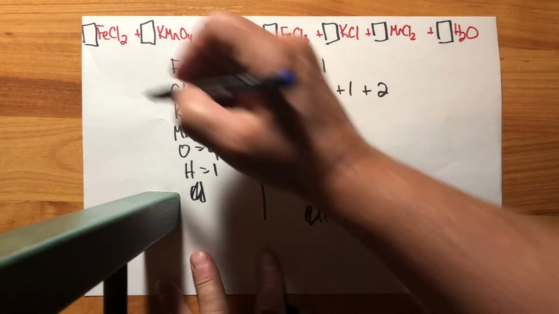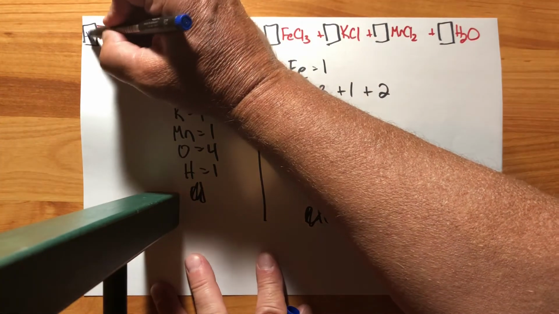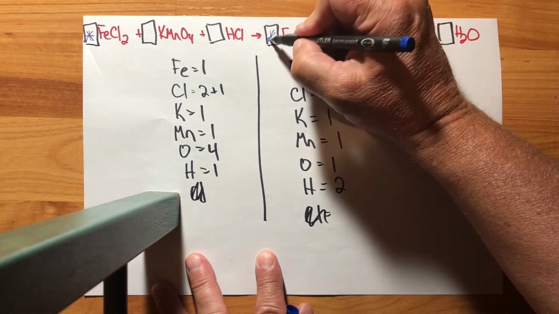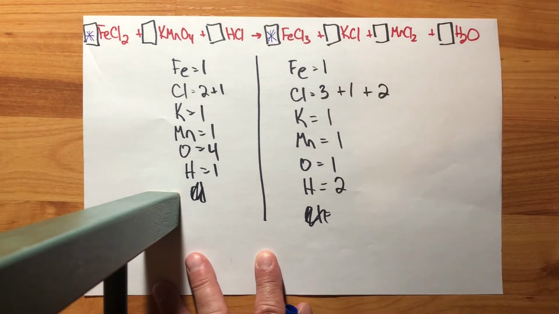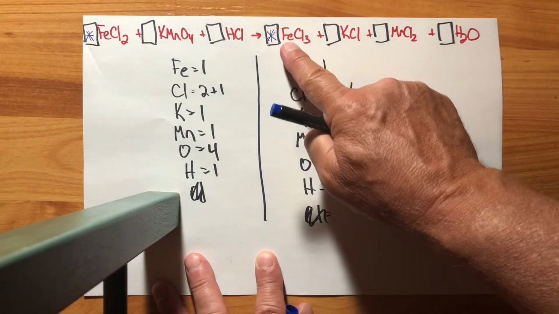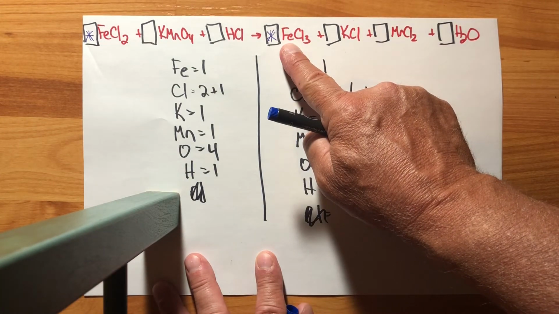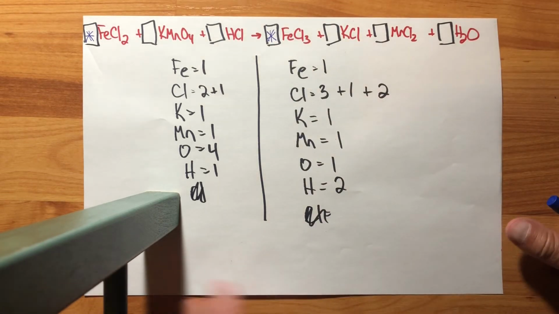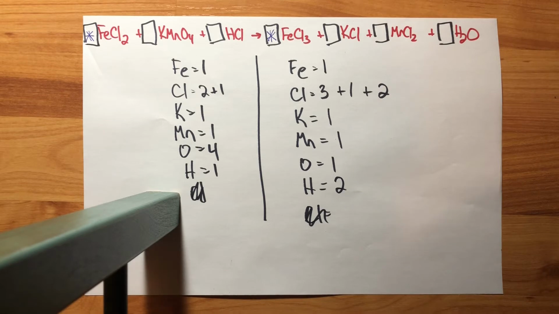Whatever number I put in here, I'm going to put a star there, don't you guys do that, is going to be the exact same number that has to go there. Because if I made that a 3, I'd have 3 irons. This has to be 3 irons, right? It has to be balanced, so that would have to be a 3. If you recognize that, that makes life a lot easier.